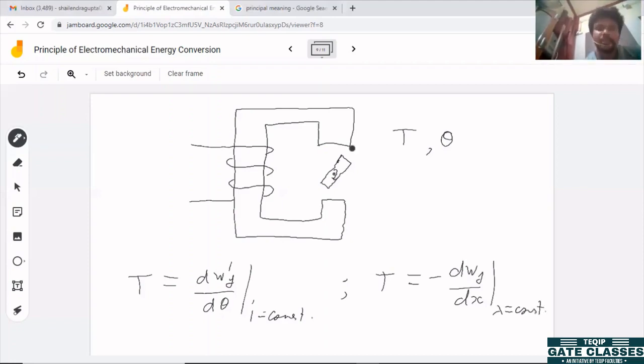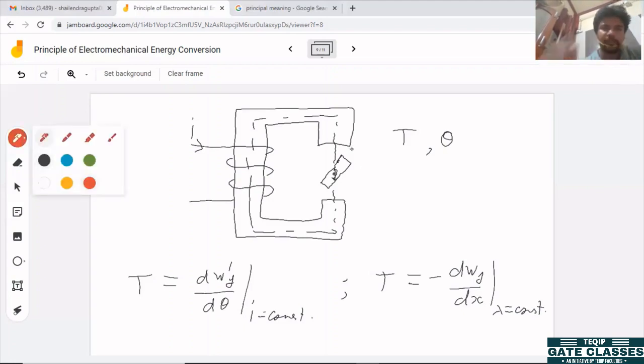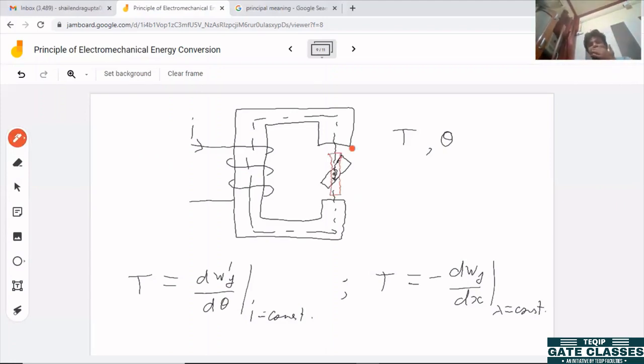This is how the system will act. Just see, if the current is there, it has got a flux. So now the torque will be applied on this angularly rotatable plunger, and the torque will act in such a direction as to minimize the reluctance of this magnetic path. So I can make a plunger position like this, that will decrease the reluctance path.